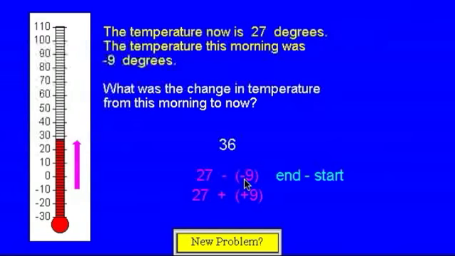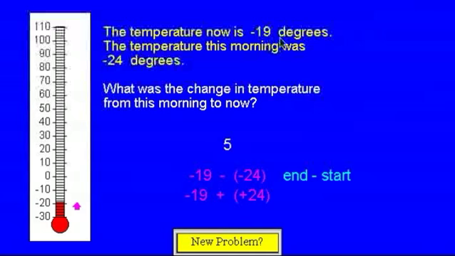So it's a minus of a minus, which makes it a positive, and then we add. 27 plus 9 is 36. So we had to go up 9 degrees to get us to 0, plus another 27 to get us to a total change of 36 degrees.